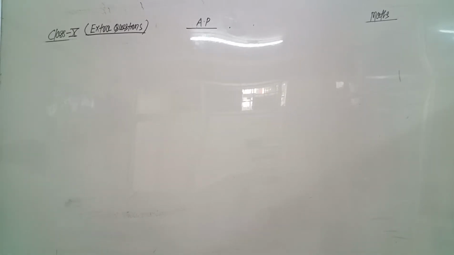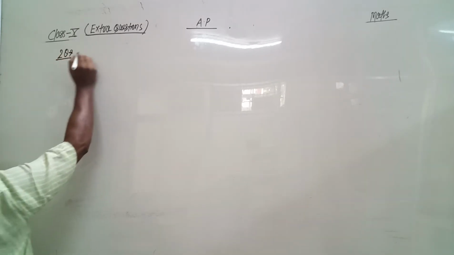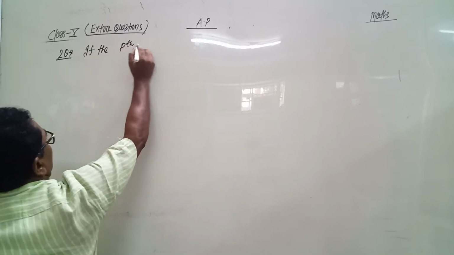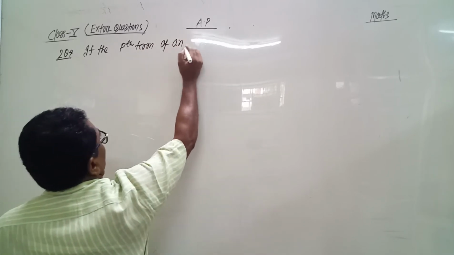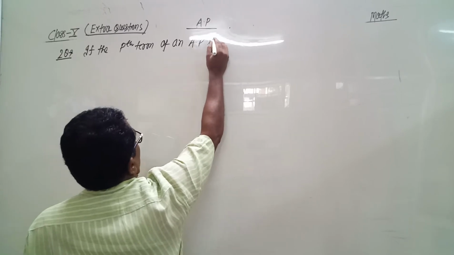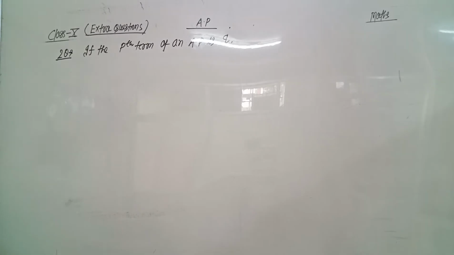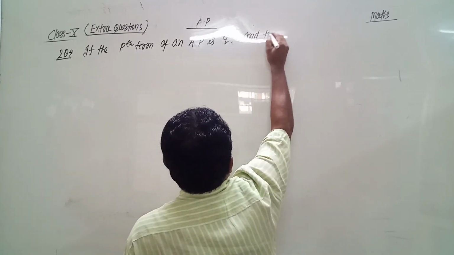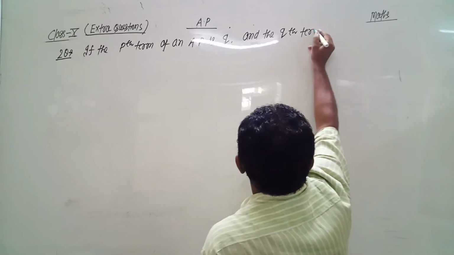The pth term of an AP is q, and the qth term is p.